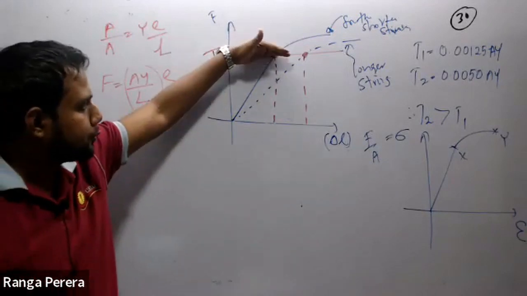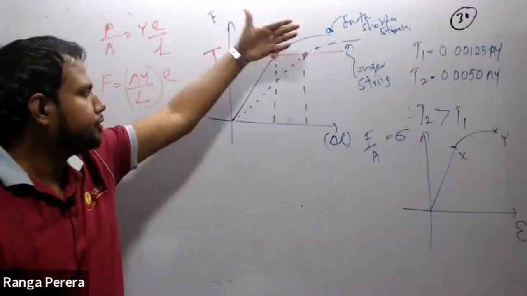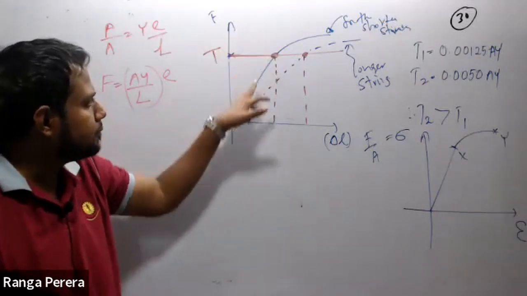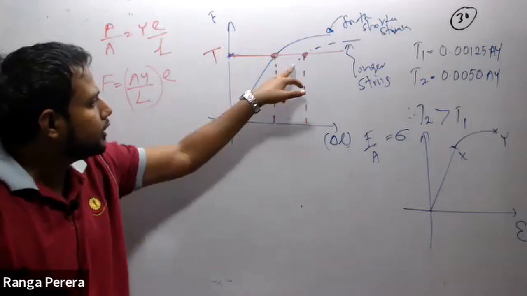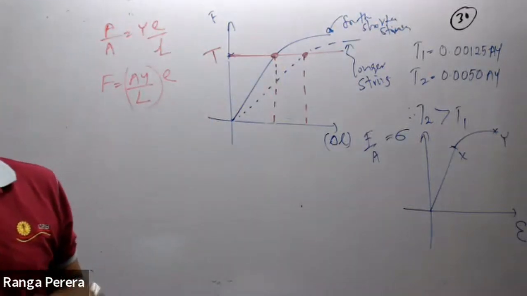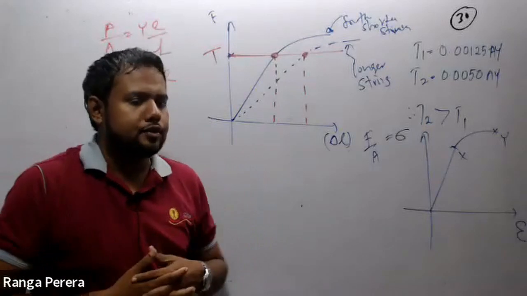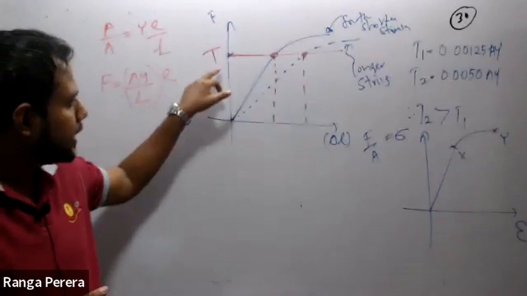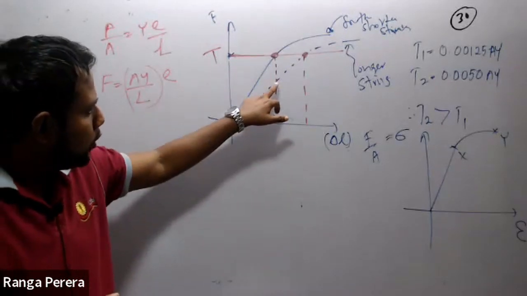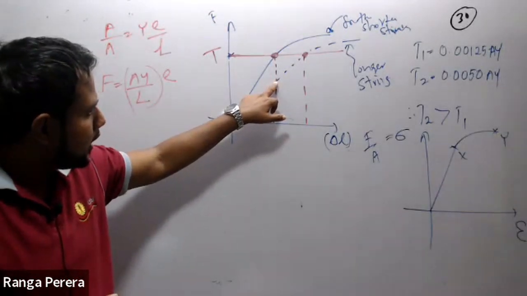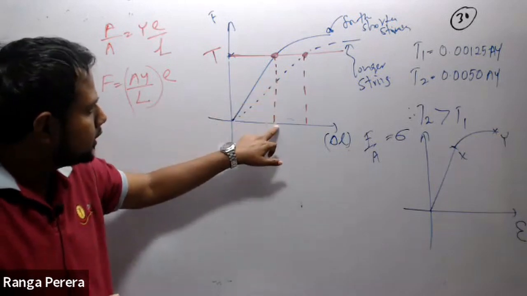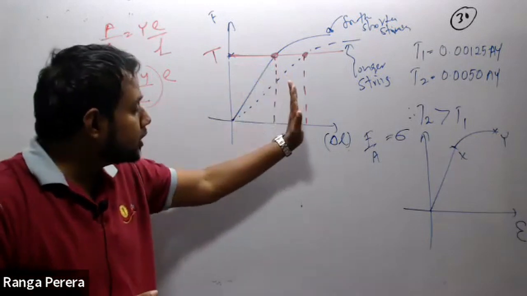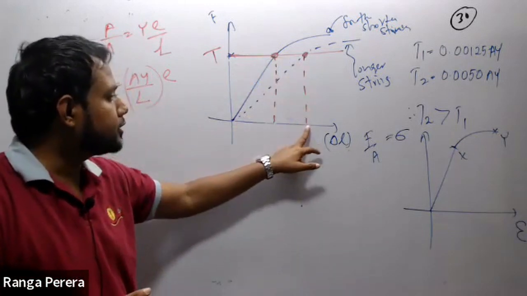Once it has reached the proportional limit, the tension in the shorter string is not increased further, because the tension remains the same, but the force is applied only to the longer string, and it will provide the extension for the longer string. You can understand when it comes to this point, the longer string has the extension here, the shorter string has the same extension, but it goes further for the longer string, which has more extension.